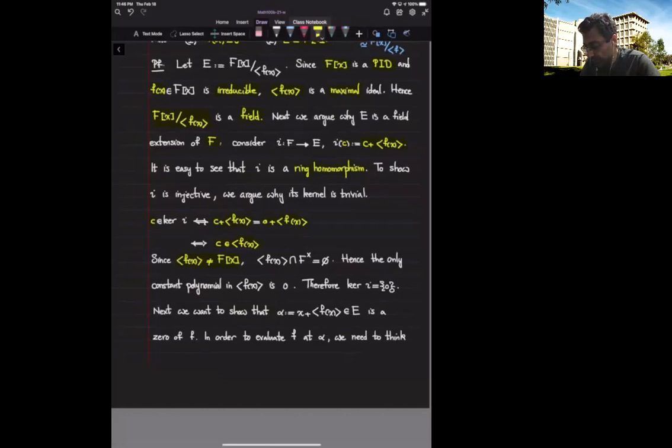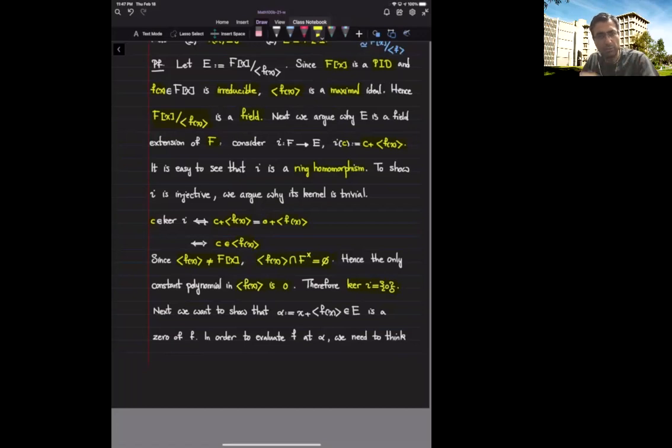So this principal ideal cannot have a non-zero constant polynomial. So the only constant polynomial inside this ideal is the zero polynomial, which means if c belongs to the kernel, it should be zero. So that implies that the kernel is the zero ideal, and that means I is injective, which means we have a copy of F inside the field E. So E is indeed a field extension of the field F.